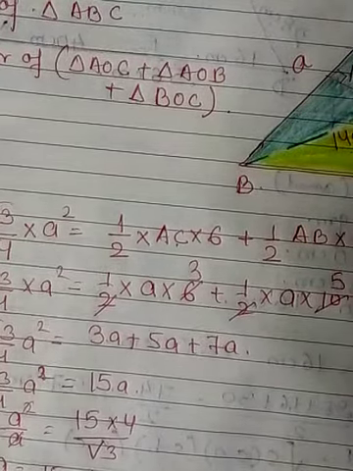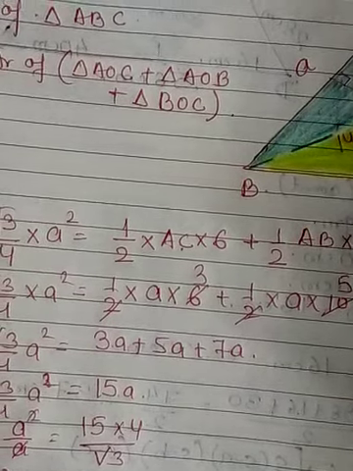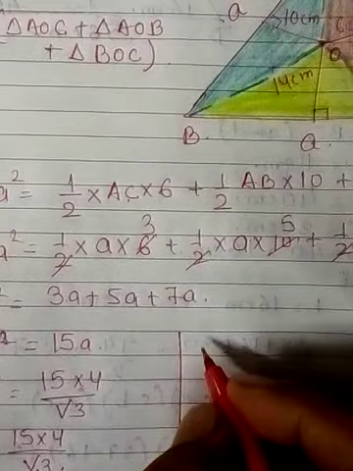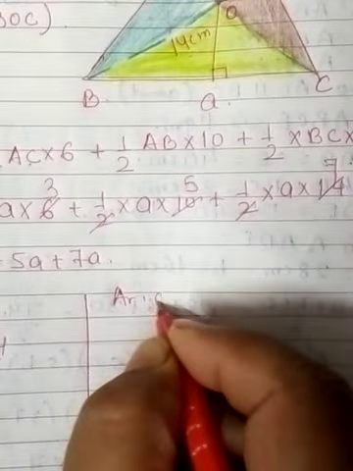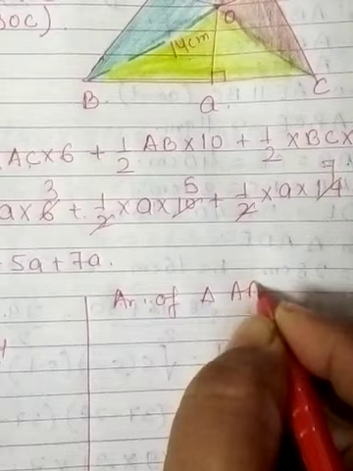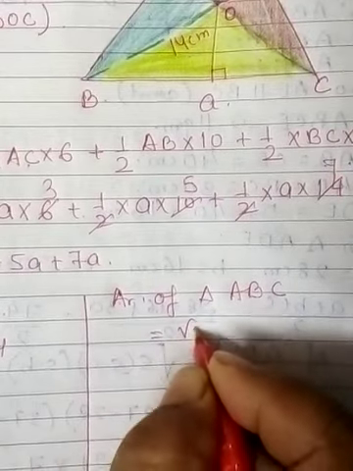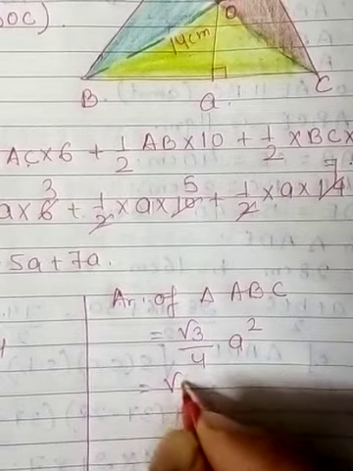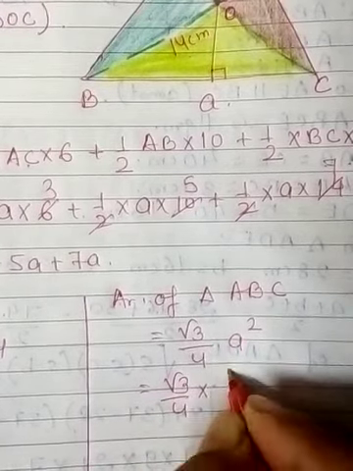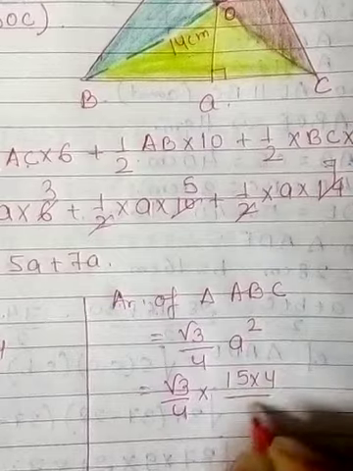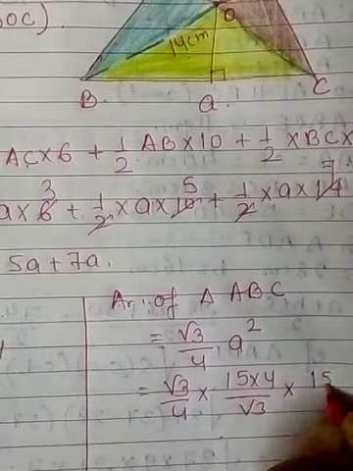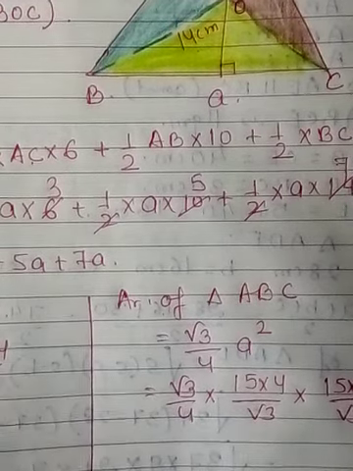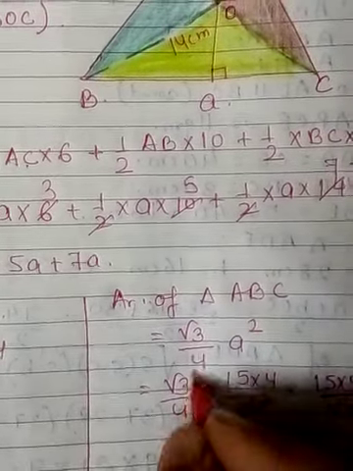But we have to find the area of the triangle. So for the area of triangle ABC, I am going to use the direct formula, that is root 3 by 4 a square. This can be written as root 3 by 4, a is our 15 into 4 by root 3, but since it is a square, I have to write it once again, 15 into 4 by root 3. Now let's cancel it.